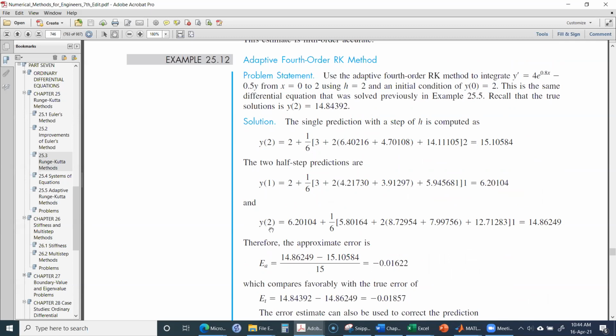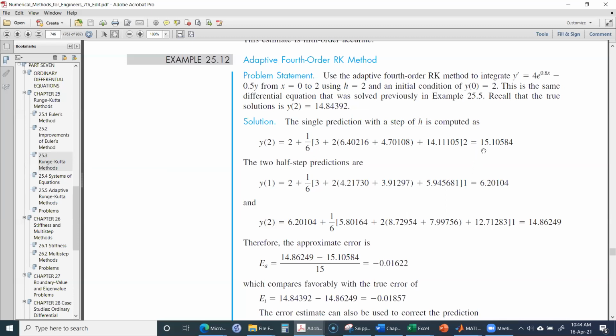Then secondly, from this half step, from x equals 1 we reach x equals 2, and we find the value 14.86. All these values were found by the Runge-Kutta 4 method by finding these k1, k2, k3, and k4. We have done this type of question before, so I'm not going to repeat how these calculations are performed.